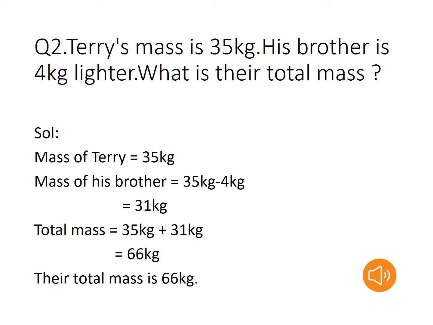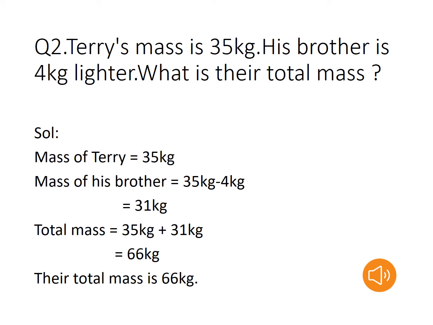Second statement, we need to find out his brother's weight. If he is 4 kg lighter, then when we subtract 4 from 35 kg, it will be 31 kg. So after subtracting, we get to know that his brother's weight is 31 kg. So the first part is done.